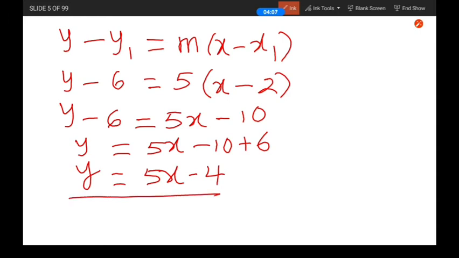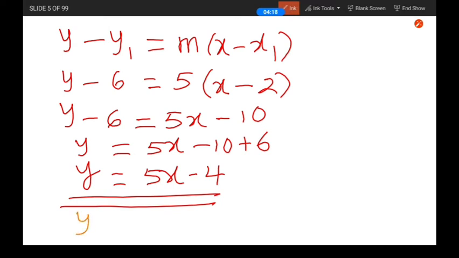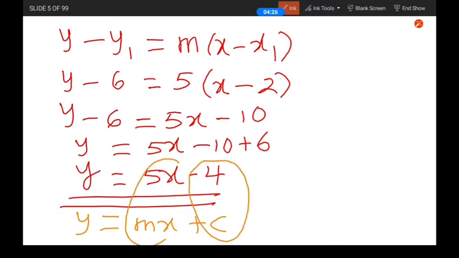So this is the equation of that line that is passing through the point (2, 6) with gradient 5. You will notice that this answer looks like the general equation of a straight line. You can see, this is like the intercept. So that is how you know if you are correct. So that is question 1.